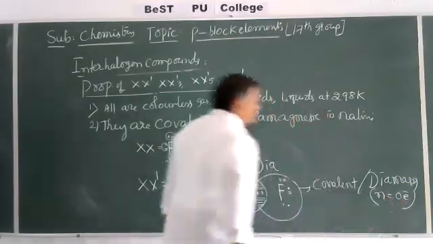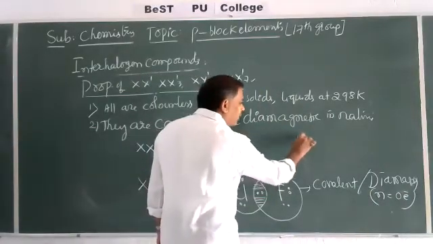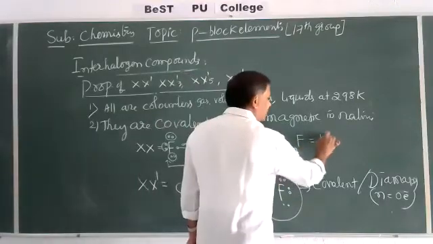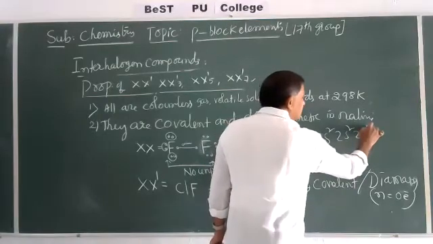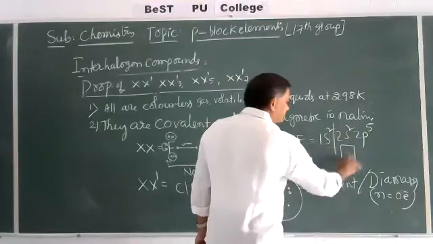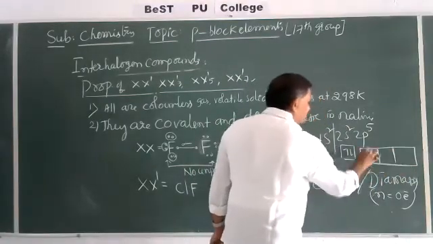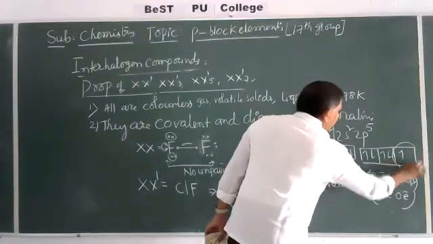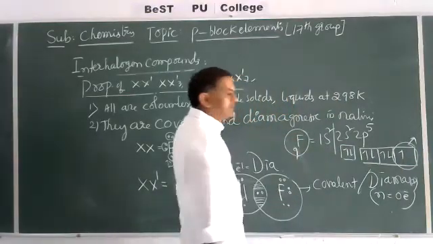0 electrons are present. Whereas in case of only a fluorine atom, atomic number is 9, electronic configuration 1s2, 2s2, 2p5, like your 5 is there in the outermost orbit. Here are 2 electrons and here 5 electrons are there. Now one unpaired electron is there. Fluorine atoms are paramagnetic.